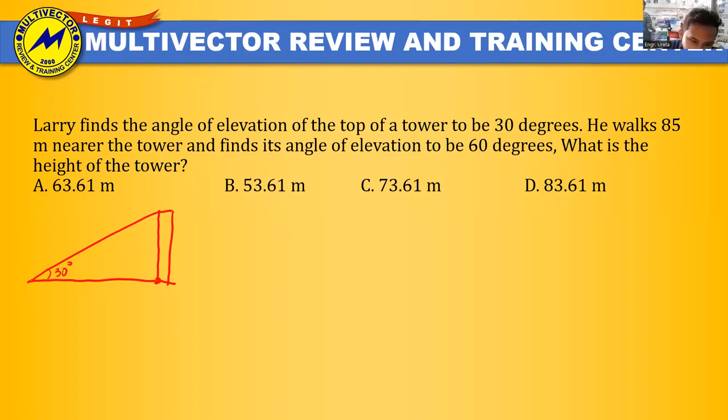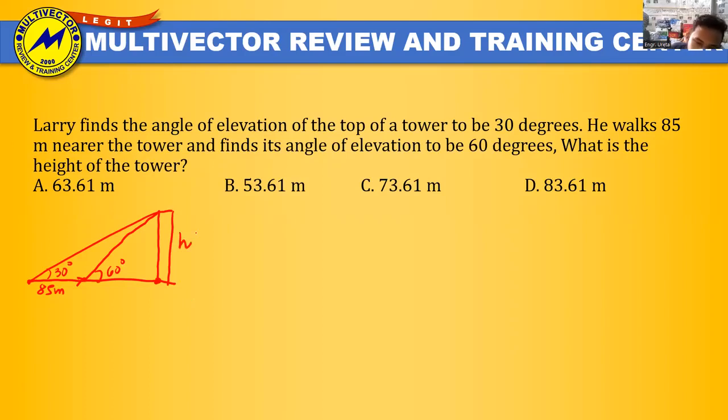So with respect to Larry, naglakad siya ng 85 meter up. Syempre nagbago rin yung angle of elevation from the observer view. The angle of elevation changes daw to 60 degrees. Sabi, what is the height of the tower?